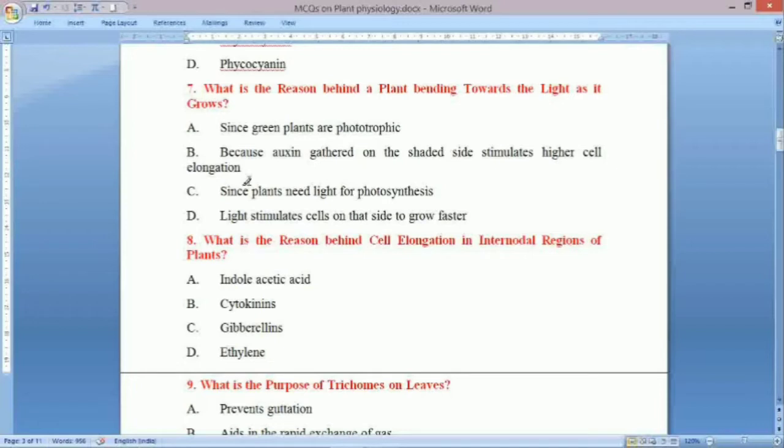And here the right answer is option B, because oxygen gathered on the shaded side stimulates higher cell elongation.